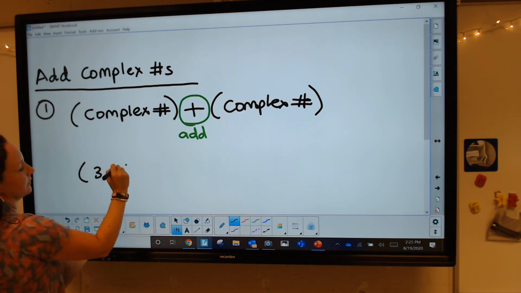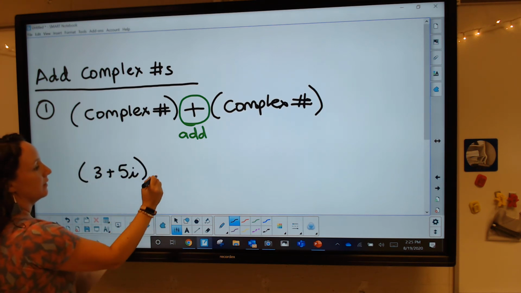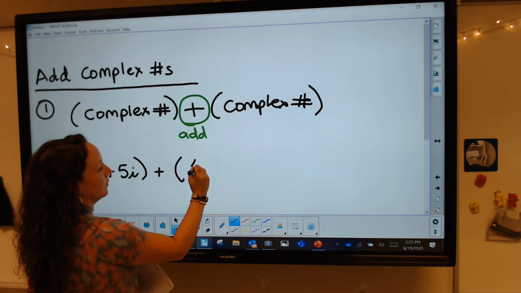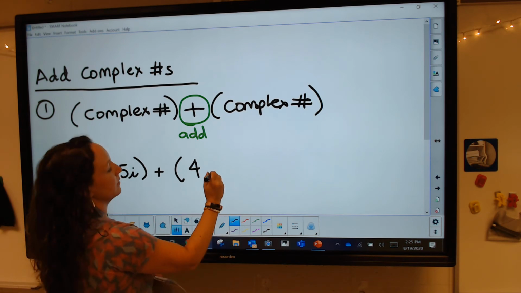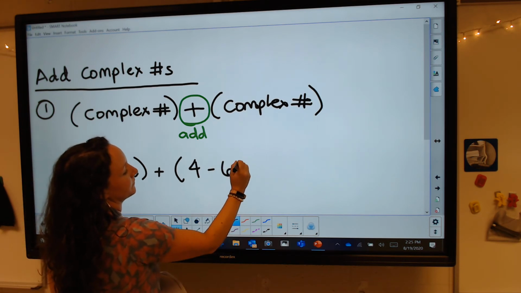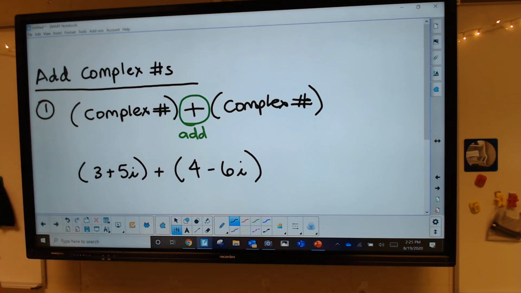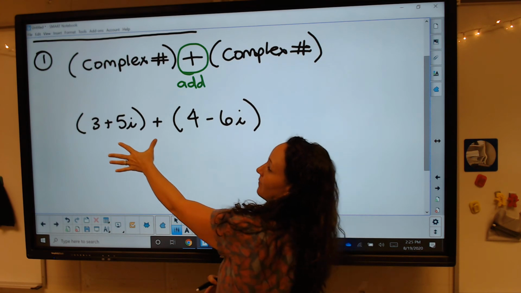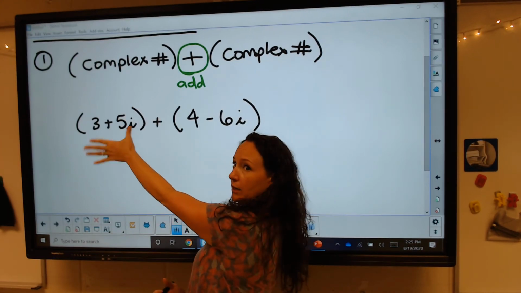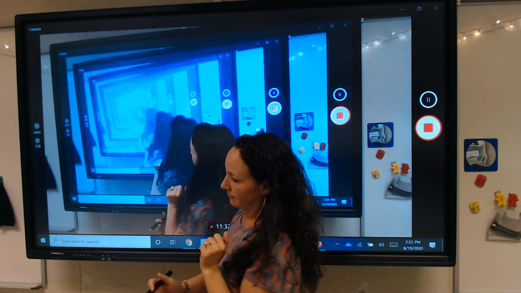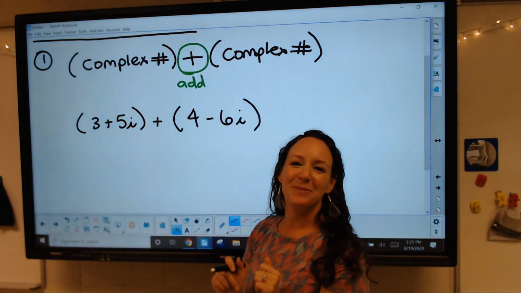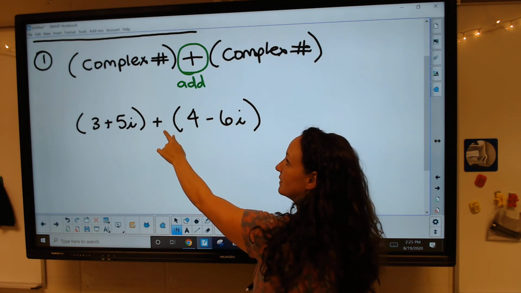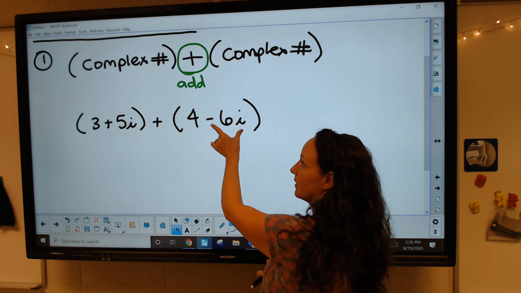So let me show you what a problem will look like. 3 plus 5i plus 4 minus 6i. These parentheses are only separating this complex number, a real and an imaginary part, plus this complex number, a real and an imaginary part.